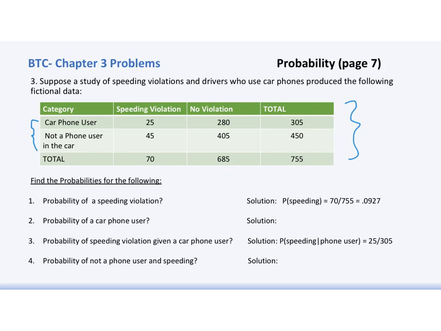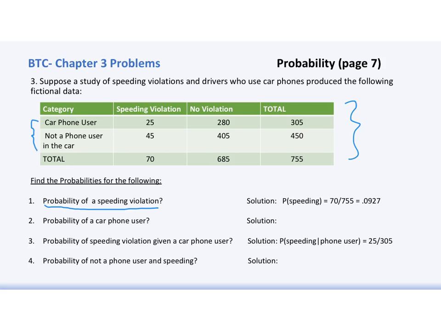Each of the numbers represents 2 different categories. One is either a speeding violation or a non-speeding violation, and the other is car phone use or not car phone use. So the first question is, what is the probability of a speeding violation?